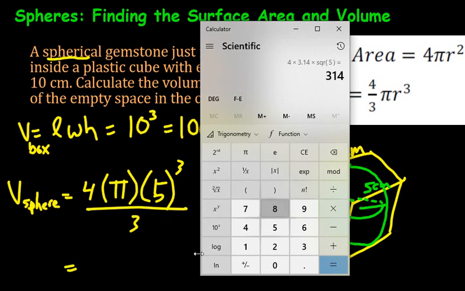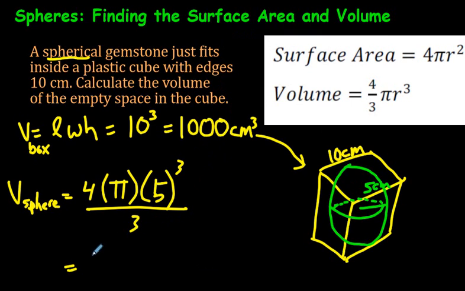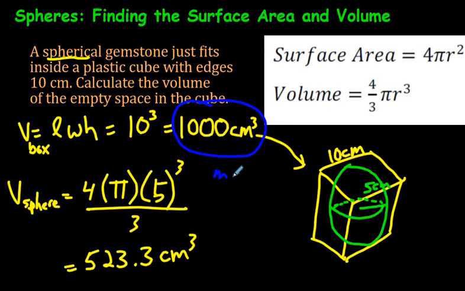Let's find that answer out right now. 4 times 3.14 times 5 cubed, 5 exponent 3. 1570, divide by 3. There it is, 523.3. Okay, so 523.3 centimeters cubed.